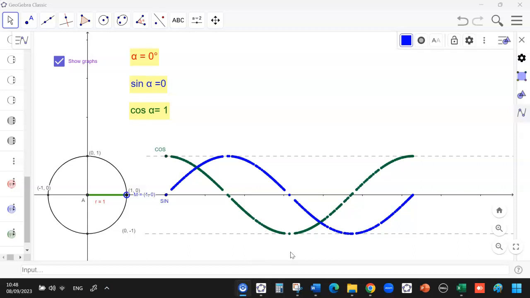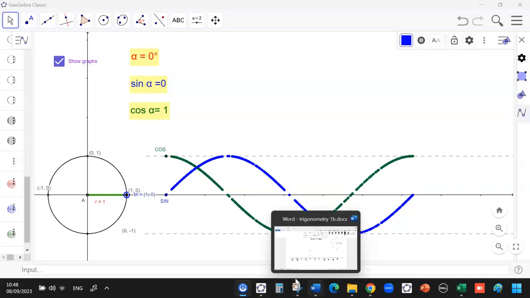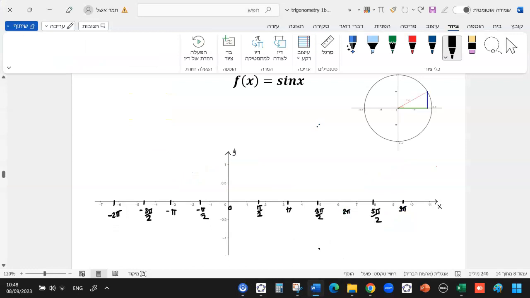Let's see how to sketch the graphs of the functions. We start with sine x and begin with this xy system, where on the x-axis we have units of pi over 2 and pi, and the y-axis is between -1 and 1. These are the possible values. We'll start with marking the points where sine x equals 0. That's 0, pi, 2 pi, 3 pi, and so on.